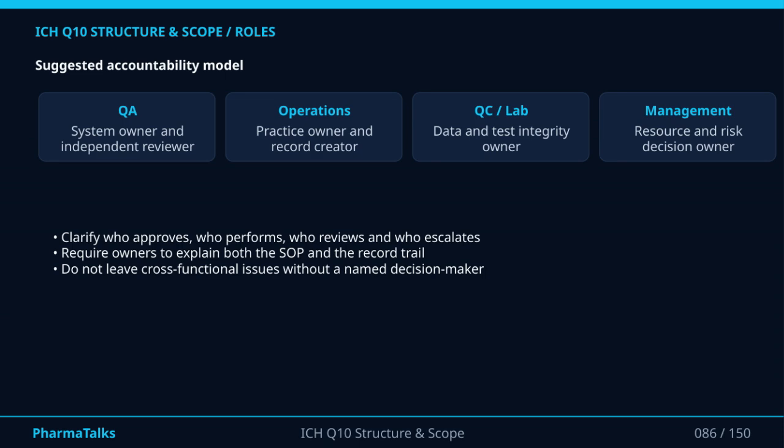Every owner should be able to explain both the standard operating procedure and the associated record trail. Importantly, no cross-functional issues should be left without a designated decision maker to maintain accountability and prevent confusion. This structure helps maintain transparency and accountability across all phases of the quality management process.